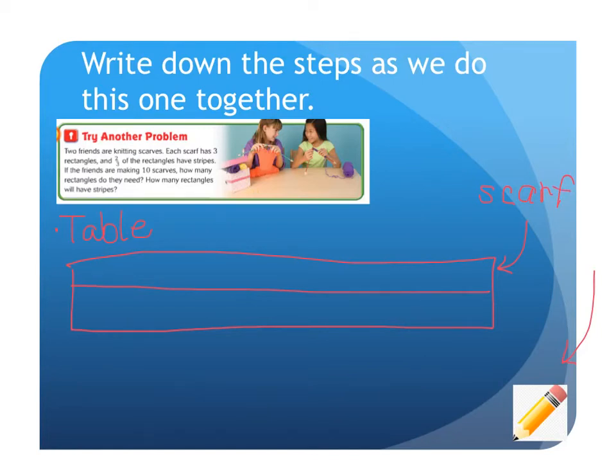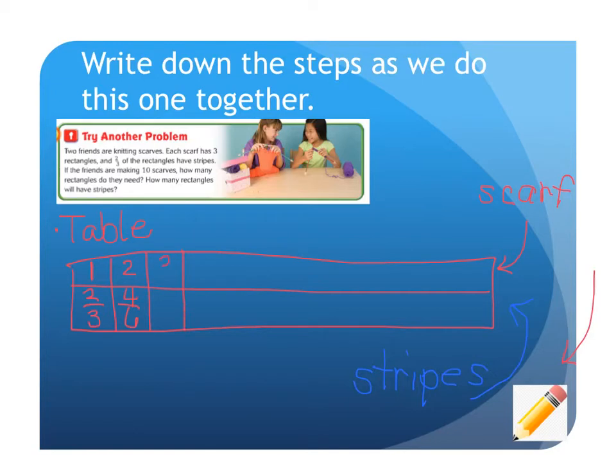So for example, as I look at this one, I know that if they are making one scarf, then 2/3 will have stripes. So the bottom one is going to represent stripes. Now if they make 2 scarves, then 4 out of the 6 will be stripes.